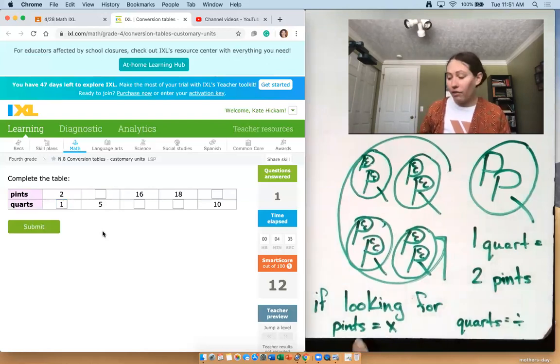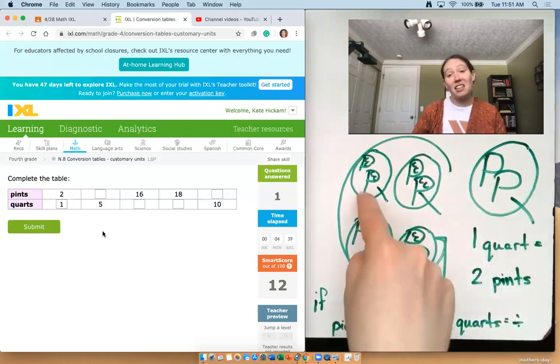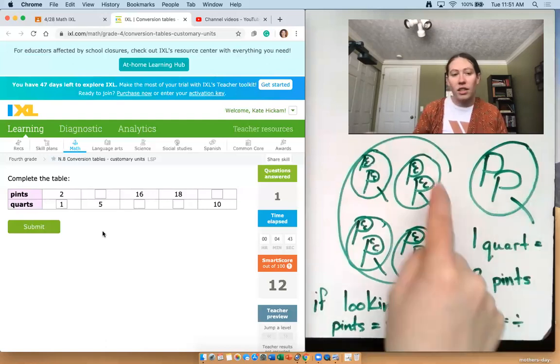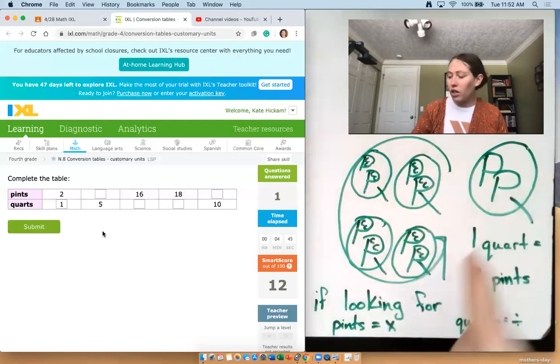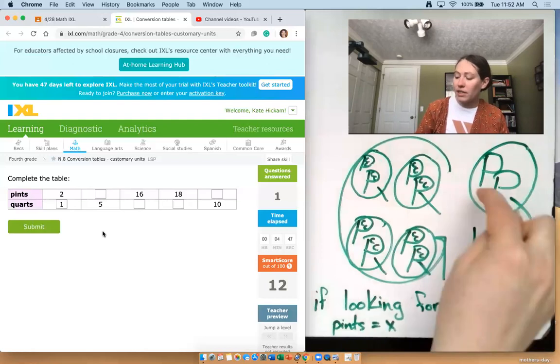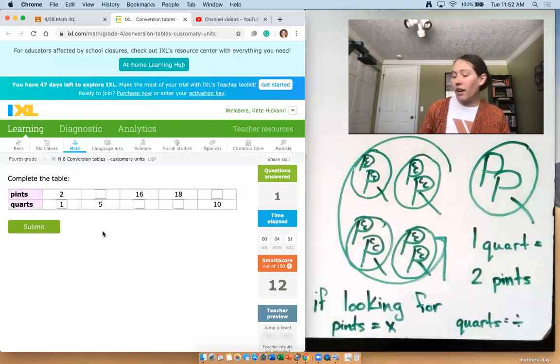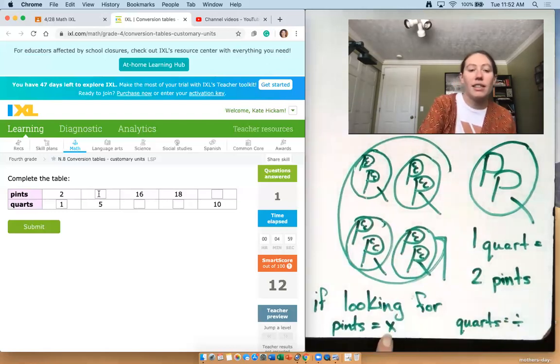So I'm given 5 quarts. So 5 quarts, how many pints am I going to have? 1, 2, 3, 4, 5, 6, 7, 8, 9, 10. Or I could say I have 5 quarts times 2, because I'm multiplying, is going to give me 10.